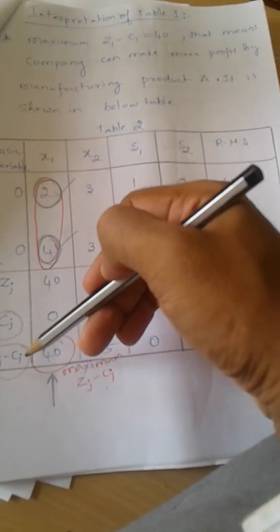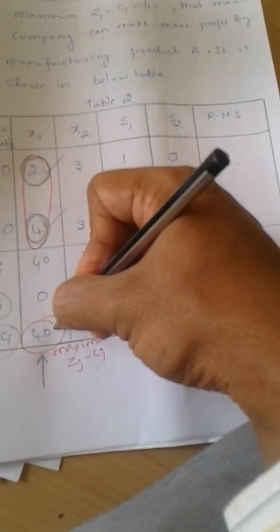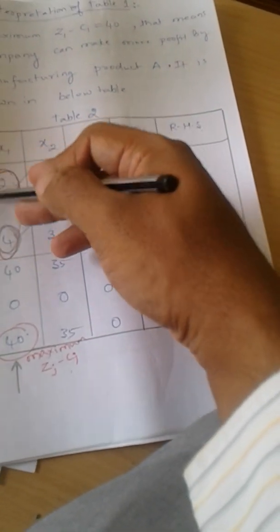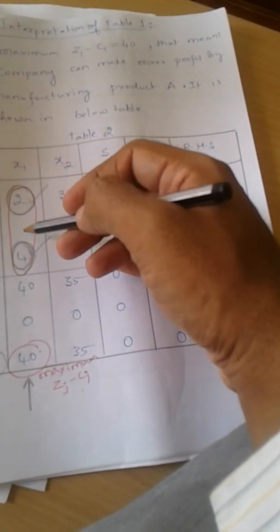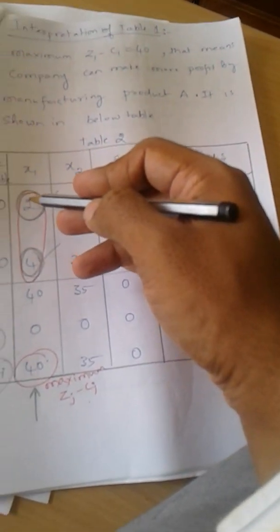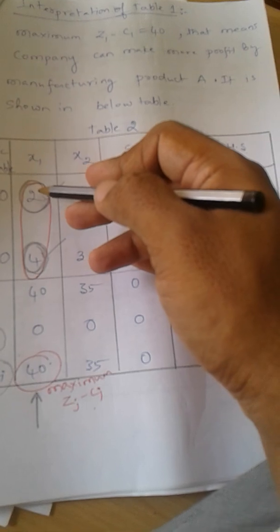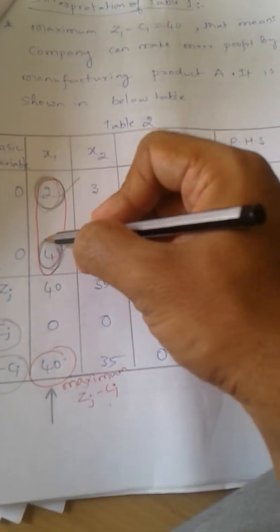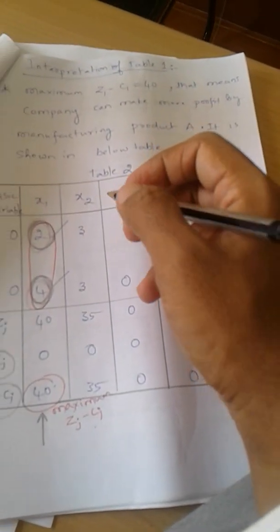As this product gives more profit, that is the reason the company decides to manufacture more number of product A. Now what happens is, it is given that for manufacturing one product A, 2 kgs of raw material is required and 4 hours of labor are required. Correct?